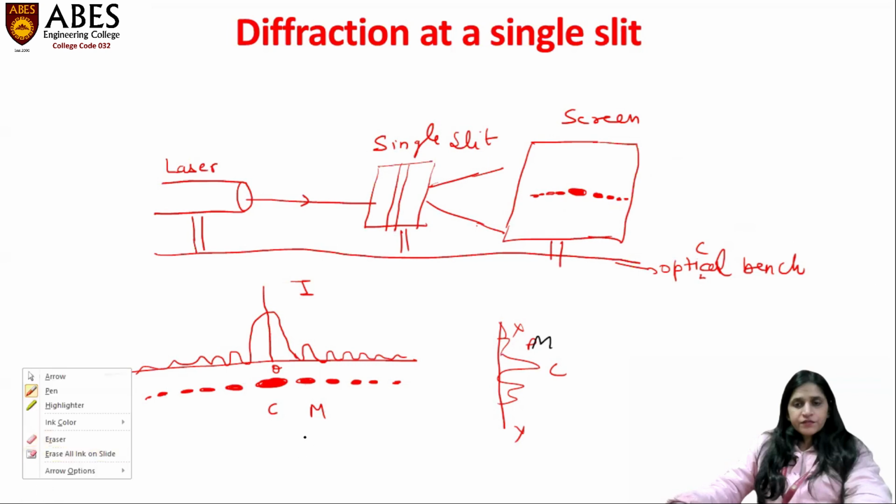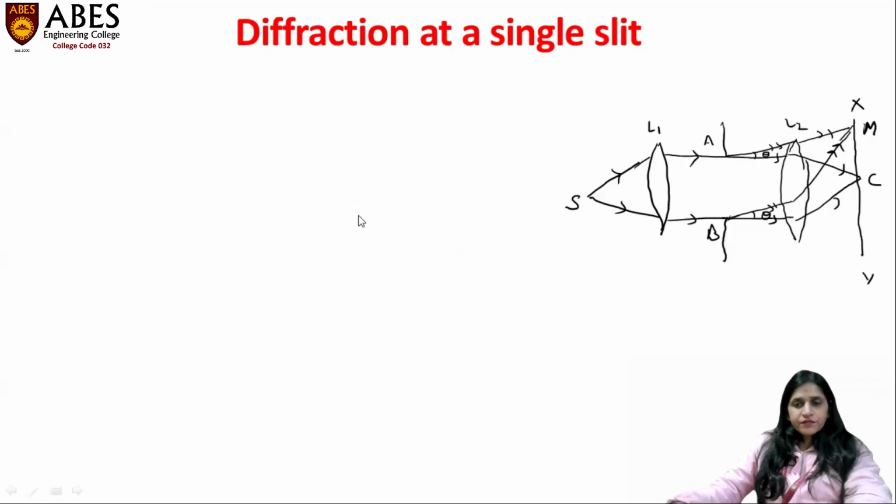For calculating the intensity, we are going to draw a perpendicular from A on the ray that is bending at an angle theta. So let us draw the perpendicular. Okay, this perpendicular is drawn.